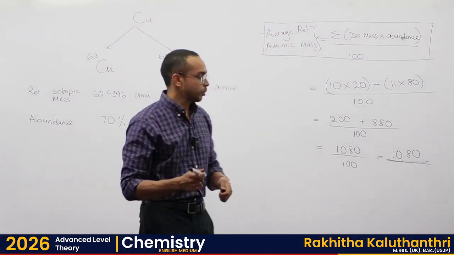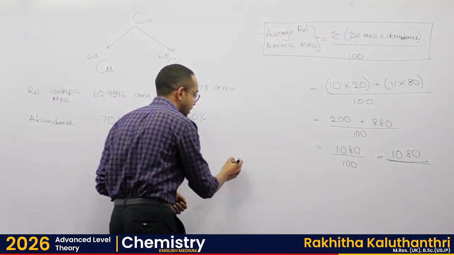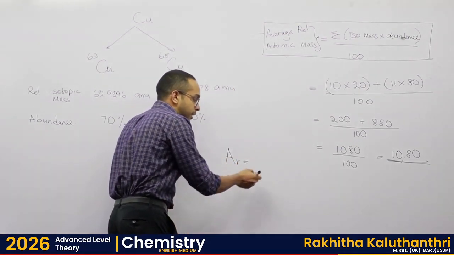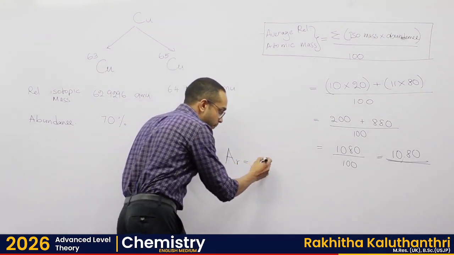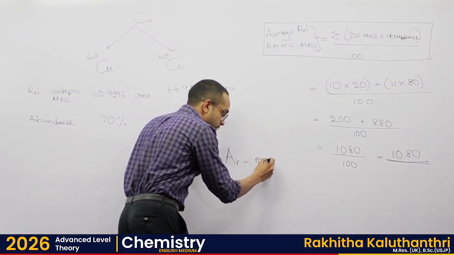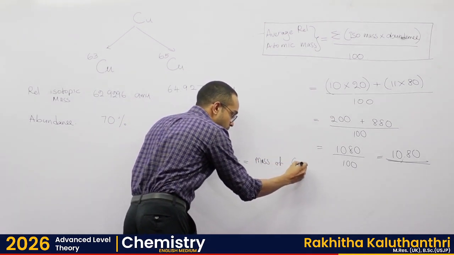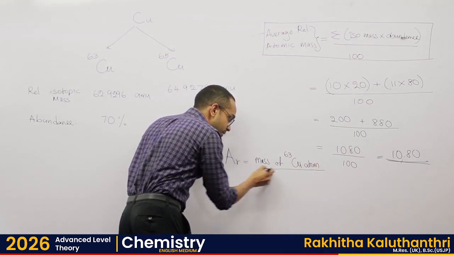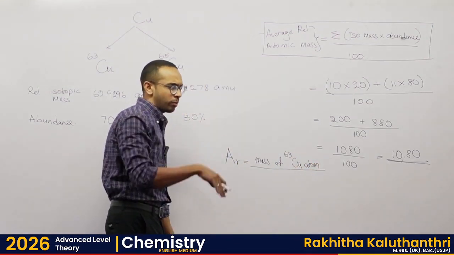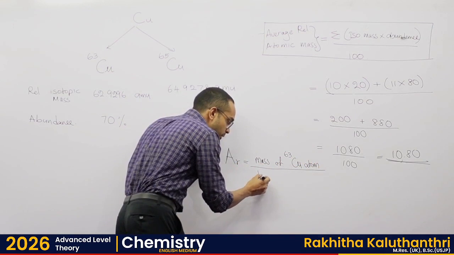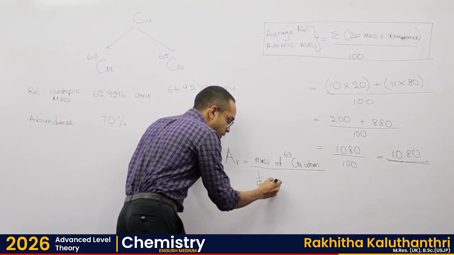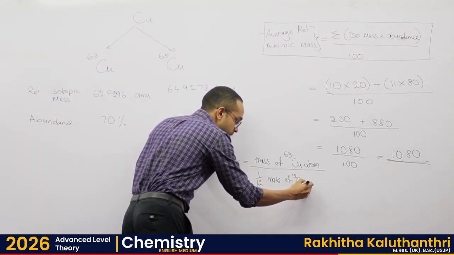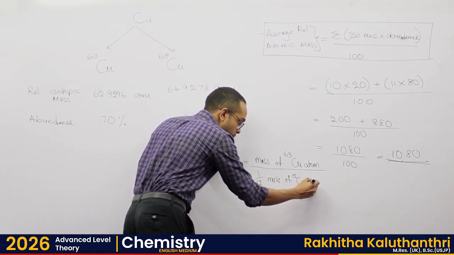If you are just looking at the theory behind it, relative atomic mass is calculated by taking the mass of a given atom, in this case, let's say the actual mass of a copper 63 atom, which is a very, very small mass, divided by 1/12 the mass of a carbon 12 isotope atom.